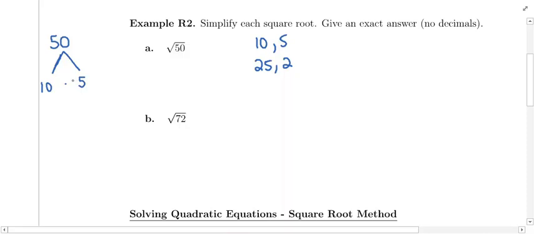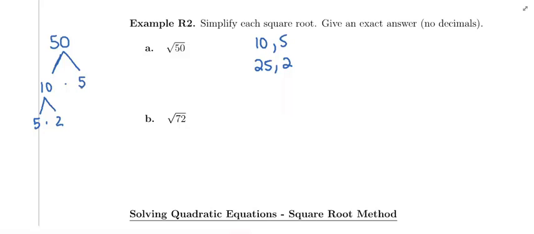Then I'm going to go to each of those numbers and see if each number breaks down itself. Like 10, we can break 10 down into 5 times 2. Then I need to go over to this number and see if it breaks down. Well, the only way you can break down 5 is 5 times 1, so we're not even going to bother writing that down.